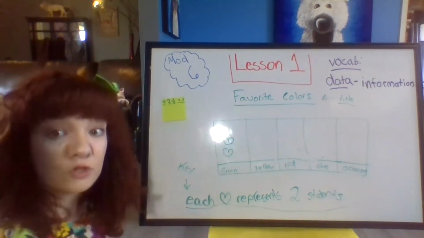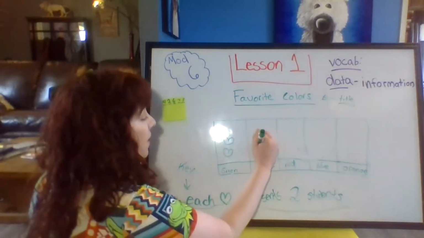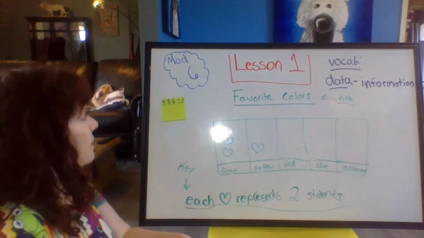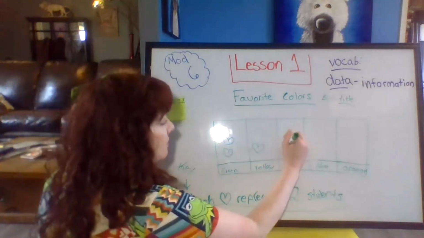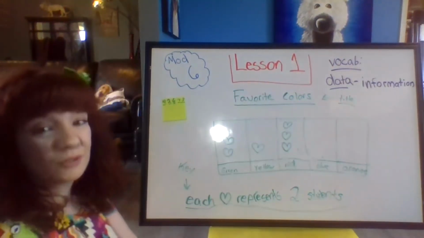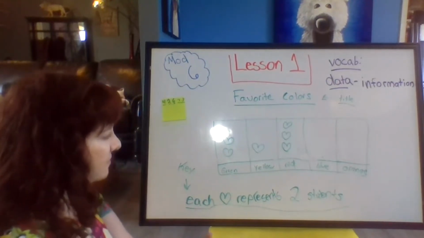For yellow, there's 2 students, and if each heart represents 2, I just have to draw 1 heart. For red, there's 6, so I would have to make what? 3 hearts. For blue, there's 7. How am I going to do that?